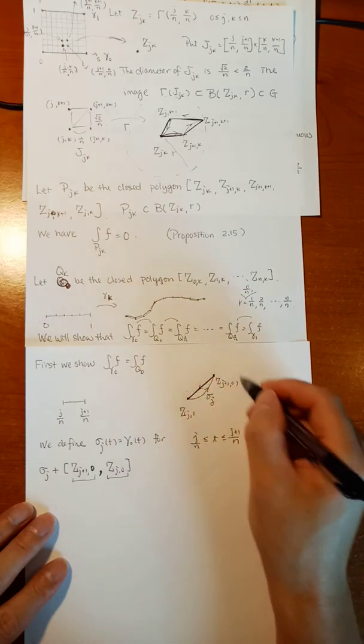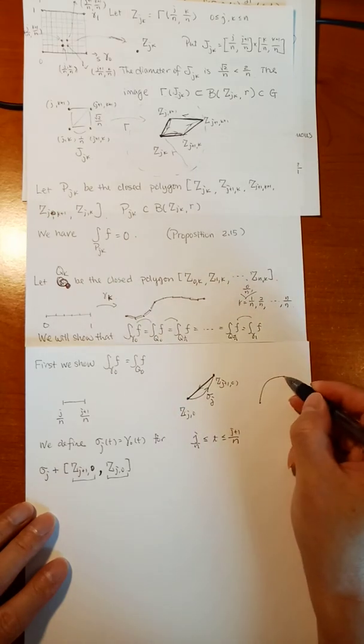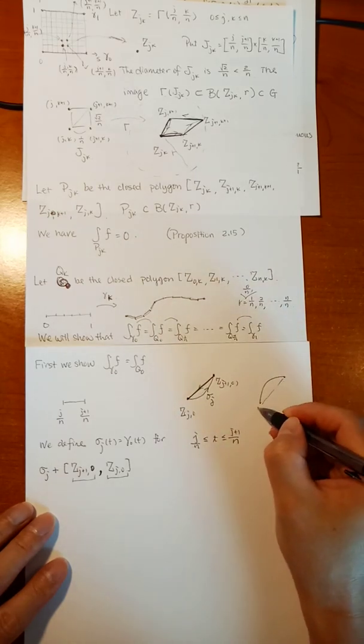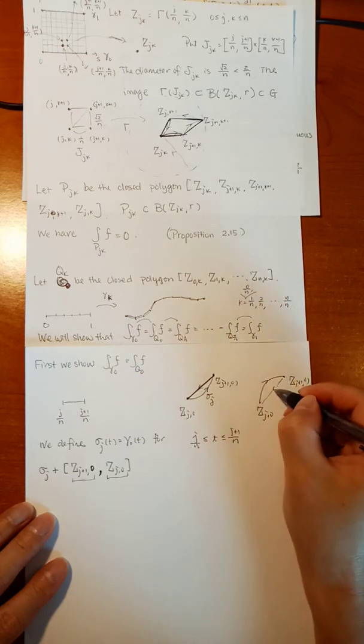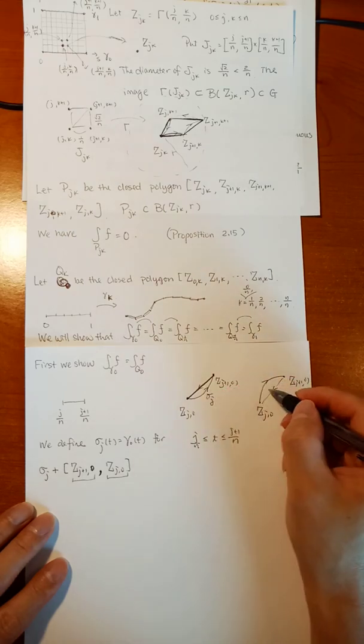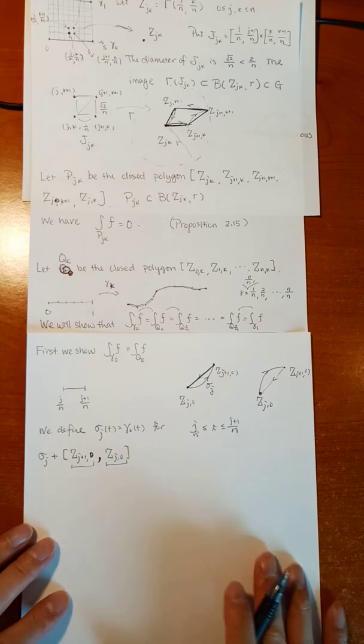I don't know if it is clockwise or counterclockwise. It could be like this. It could also be like this. I don't care about the orientation at this moment. This one is counterclockwise. This is clockwise. So the proof does not depend on the orientation.